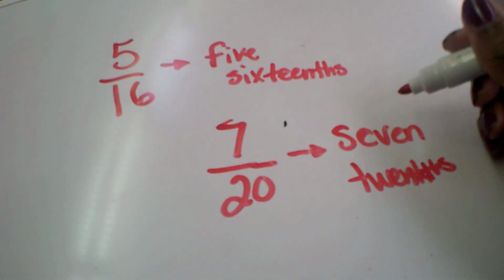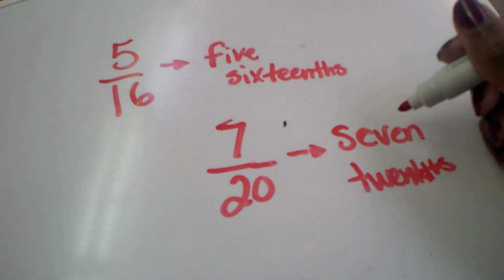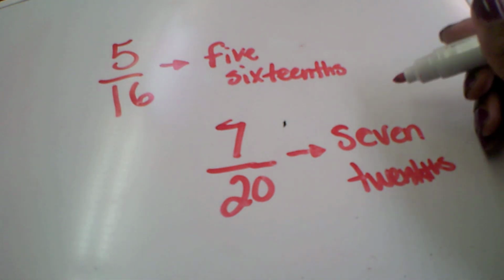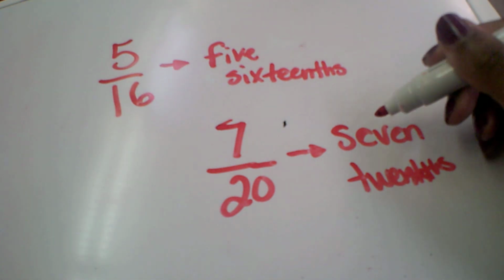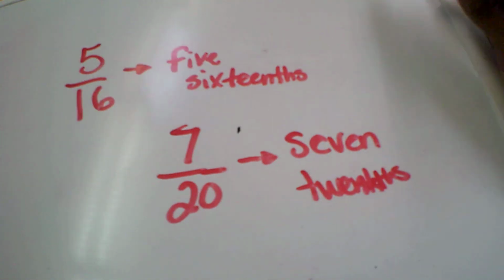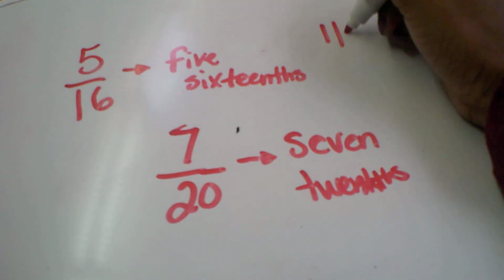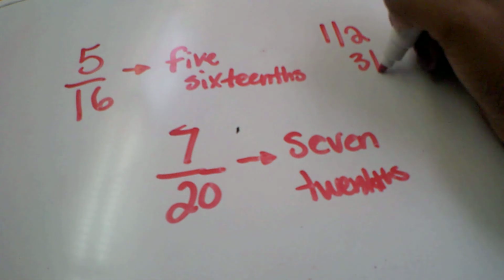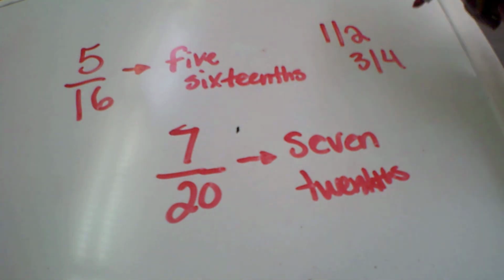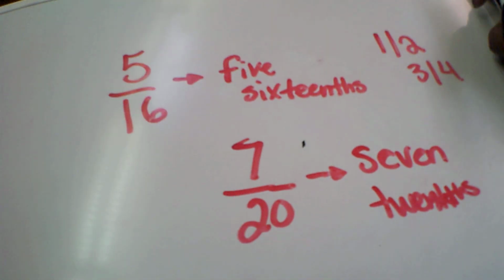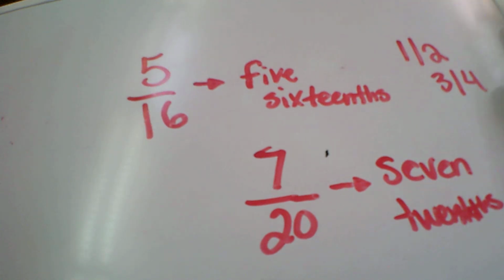It's pretty much it for this. It's the same method every time when you're pronouncing these fractions. Of course, you know about the smaller ones, which is like 1/2, 3/4. You guys are really good with those, and most middle schoolers are, and high schoolers.